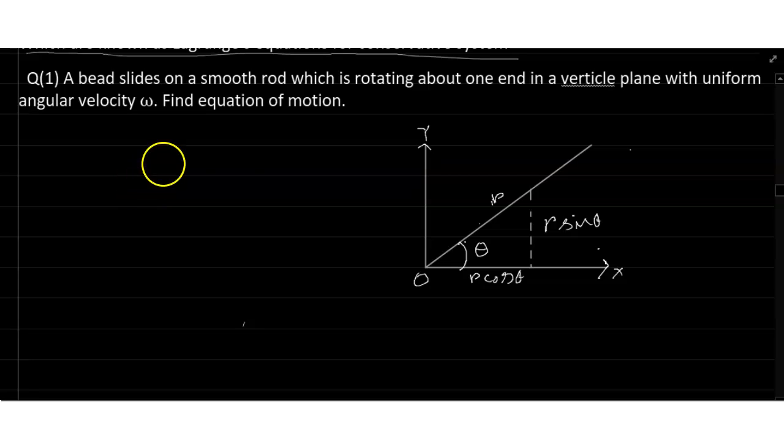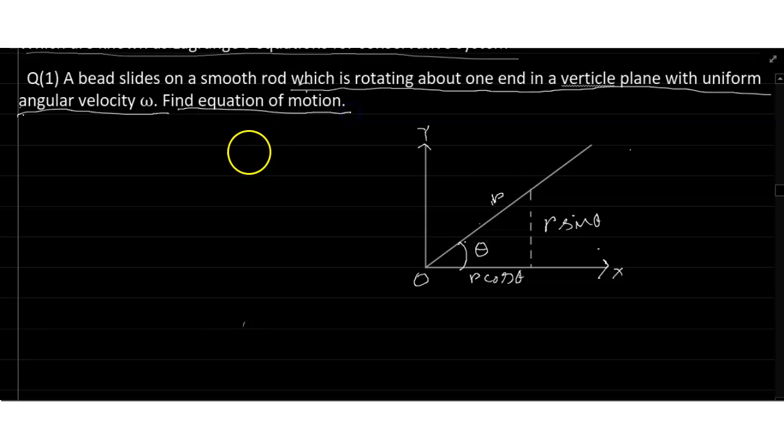A bead slides on a smooth rod which is rotating about one end in a vertical plane with uniform angular velocity omega. Find the equation of motion. So friends, solution.